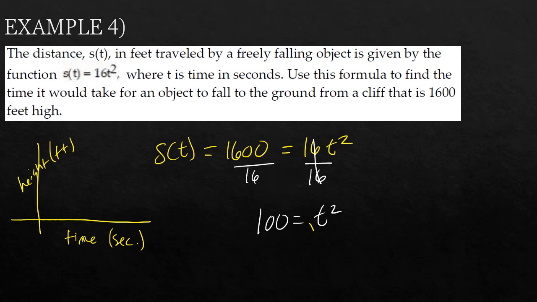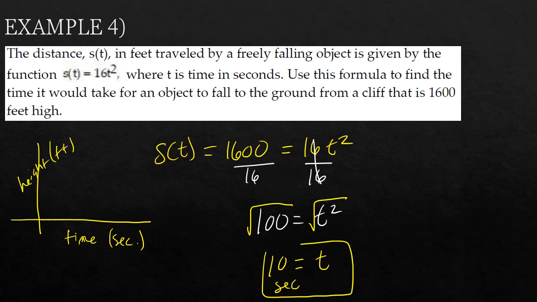We're going to take the square root of t squared, and we get 10 equals t. So how long will it take? Approximately 10 seconds. Well, theoretically, algebraically, 10 seconds. In the real world, there are other factors that could make it take longer.